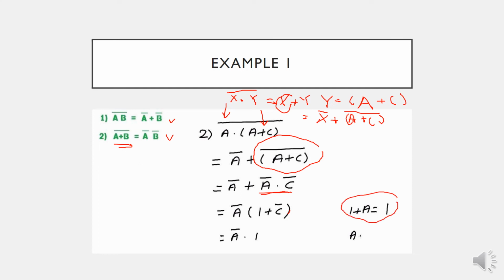So any variable, no matter whether it is inverse or non-inverse, anything that is ORed with 1 is equal to 1. That's why we have 1 here. So our final equation is ANDed with 1, and the last rule is that any variable ANDed with 1 is equal to the variable itself. So our final answer will be A inverse.